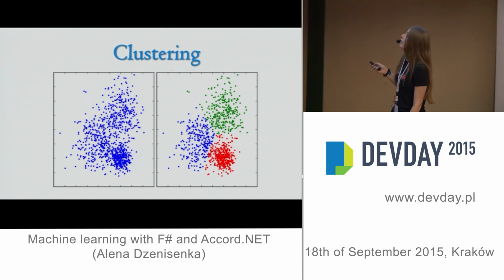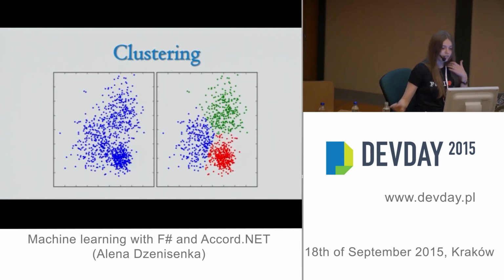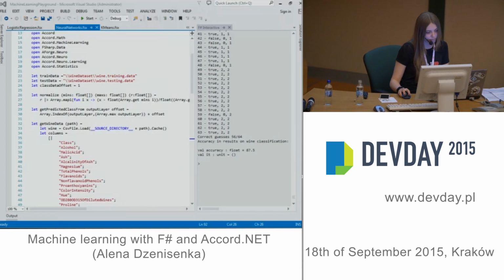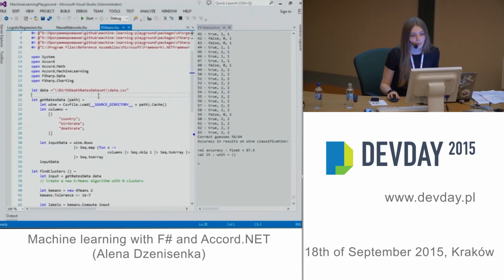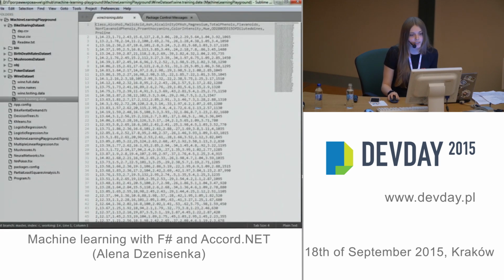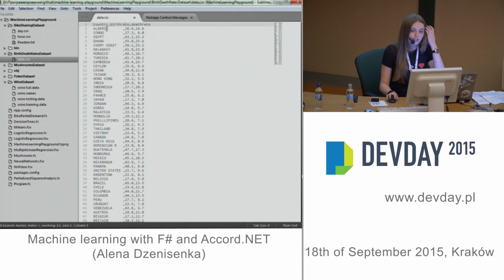And now, this is an example. Here we have a file called birth death rates dataset, and we have some data in it. It has countries and the percentage of birth rate and death rate for these countries.